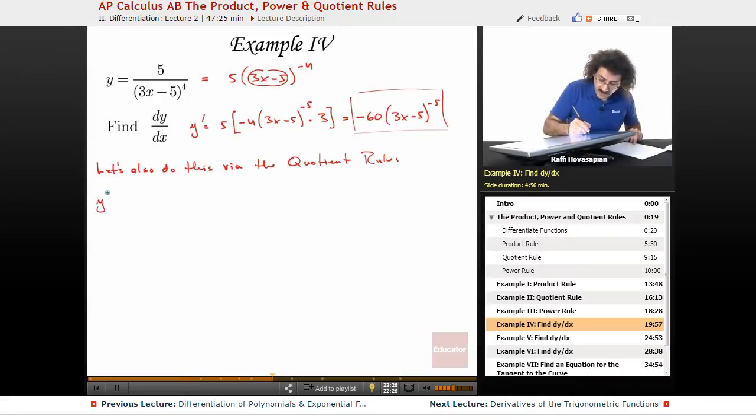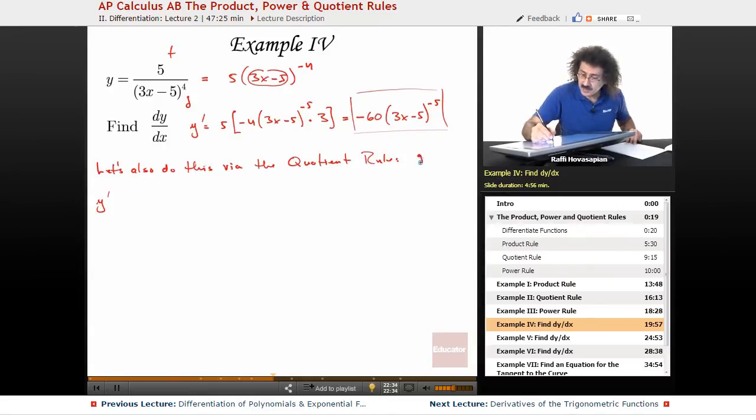Well, y prime, so remember what we said the quotient rule is. If this is f and this is g, it is g f prime minus f g prime, over g squared.